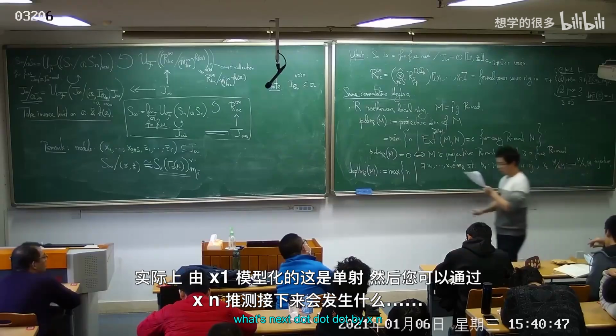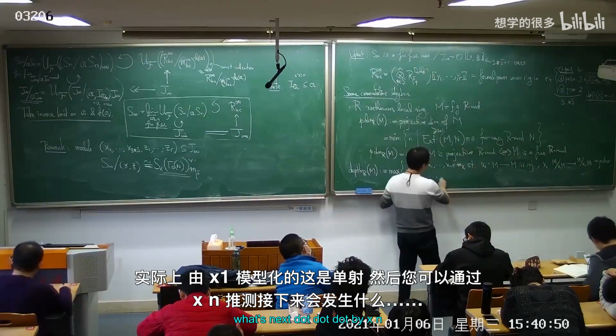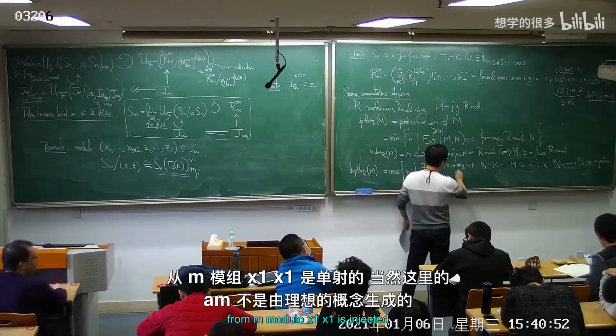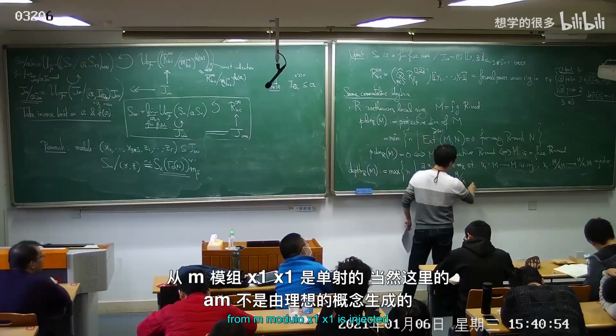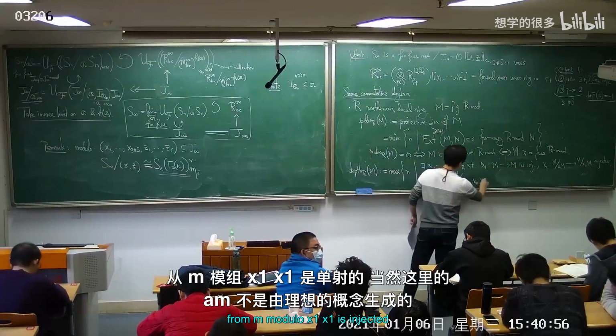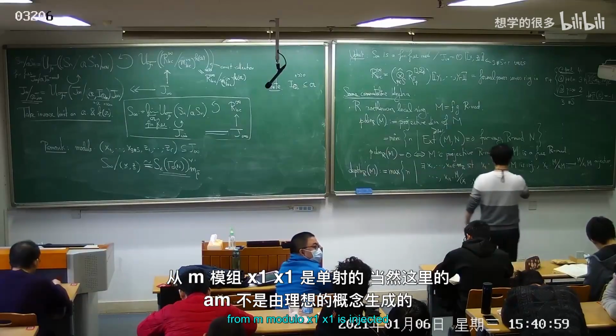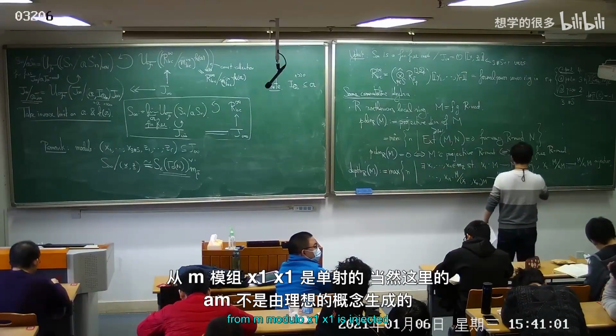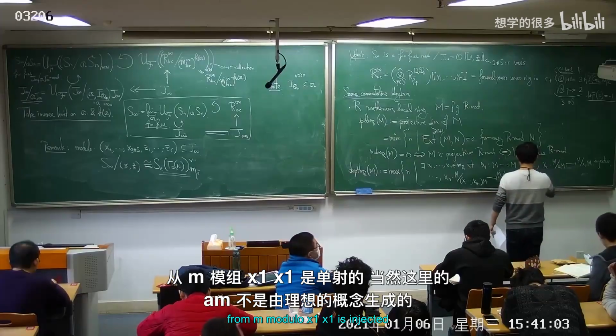And you can guess what's next. Dot, dot, dot. Multiplication by xn on M modulo (x1, ..., xn-1) is injective.